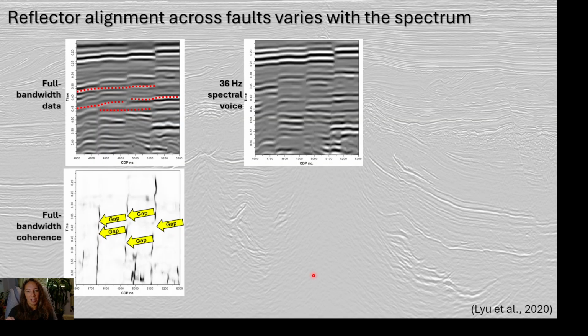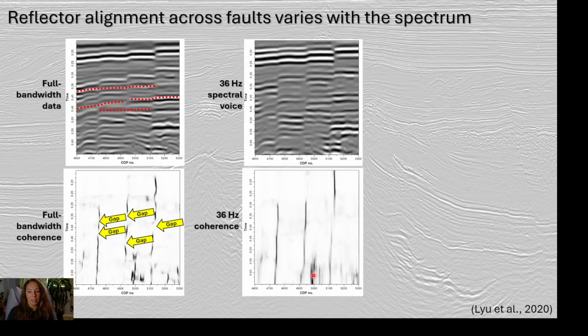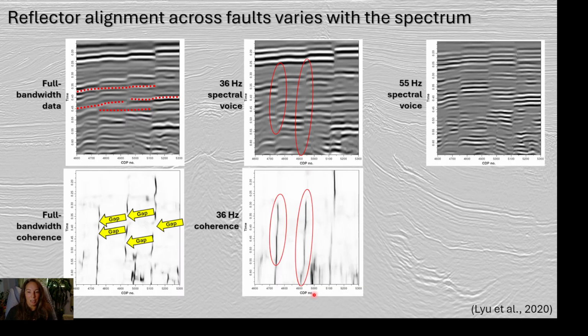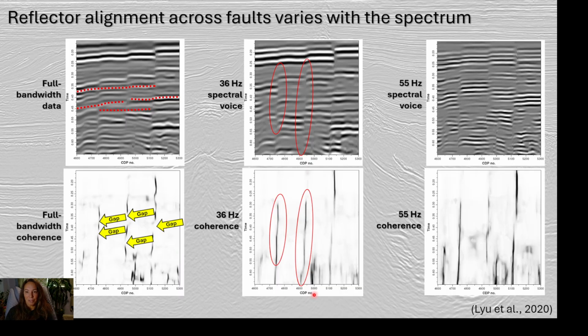But if we pick out particular spectral voices, here we're looking at the spectral voice around 36 hertz, so no longer the full bandwidth data. We can note that coherence around that 36 hertz is doing a much better job. It's much more continuous where we would pick it to be continuous. And then here at 55 hertz, again we've got more continuity in the edge detector, the coherence volume.